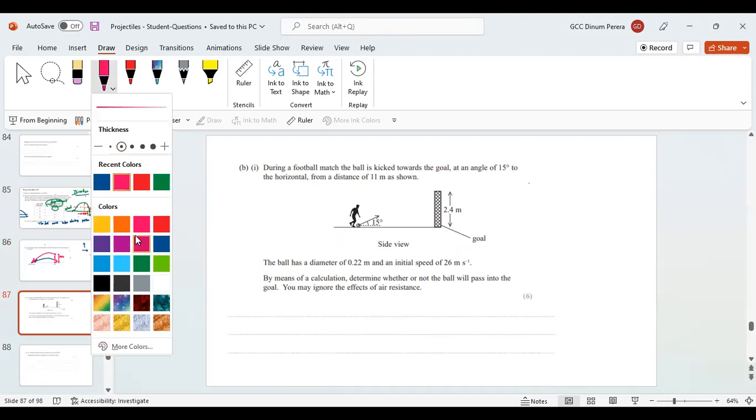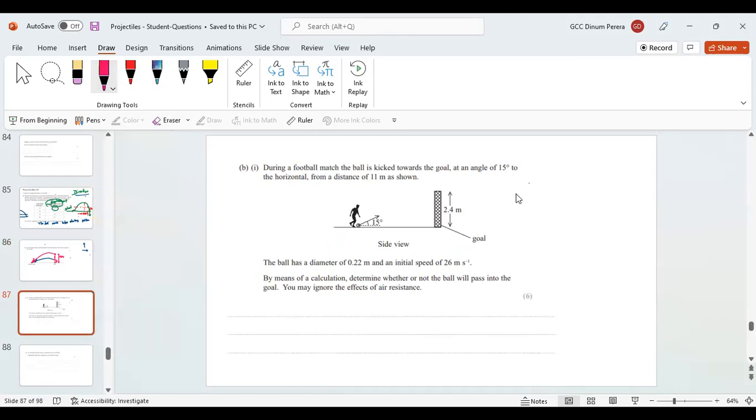Read the question with me. During a football match, the ball is kicked towards the goal at an angle of 15 to the horizontal, from a distance of 11 meters as shown.